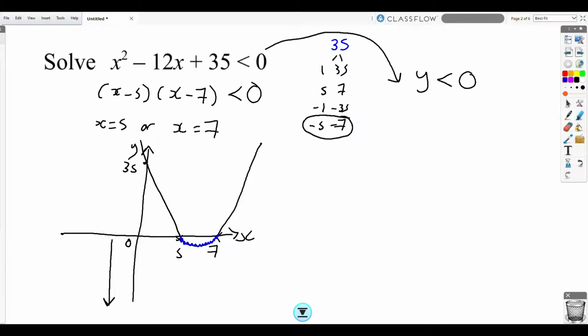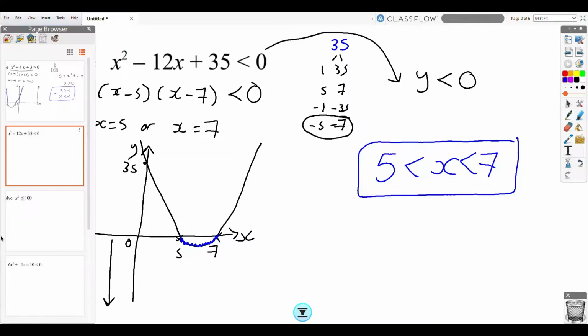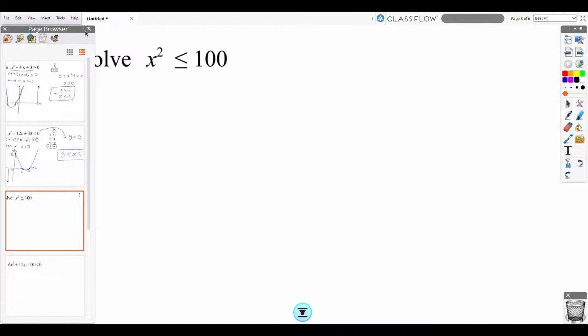So the way you'd write it as an inequality, your answer is going to be 5 less than x less than 7. So whenever you have a less than 0, it's going to be a range between your two solutions, and whenever you have a greater than 0, it's going to be less than this one and greater than that one. Let's go into some other variations.